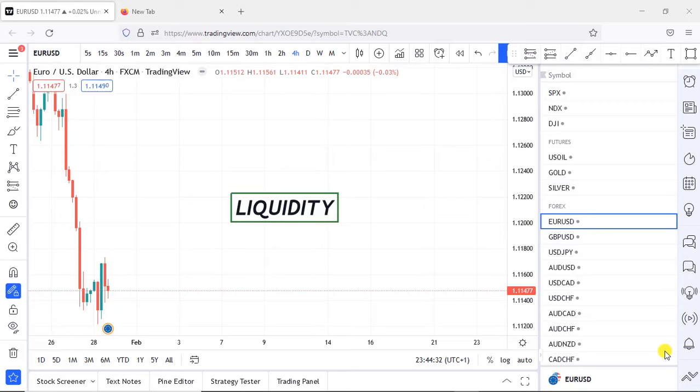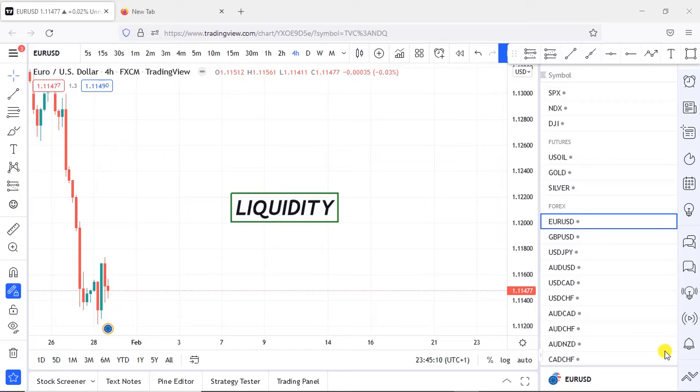For another block to be formed, the market, or in this case the big players, which is also the market, has to first grab liquidity from retail traders. Now, what is liquidity? Almost all retail traders or small scale traders trade with what is called a stop loss. A stop loss is a price point in the market which traders set as their exit point from a particular trade in case the market is going against them.